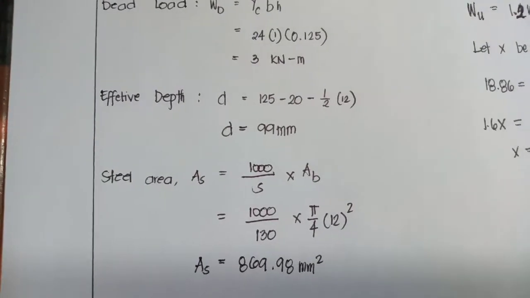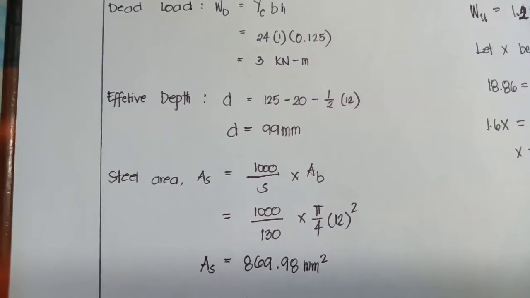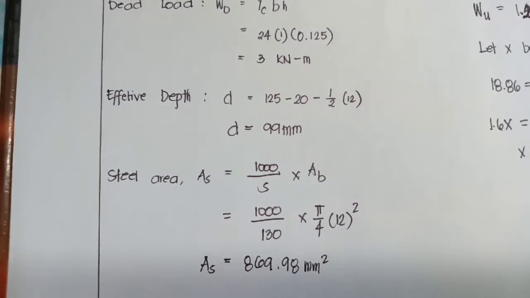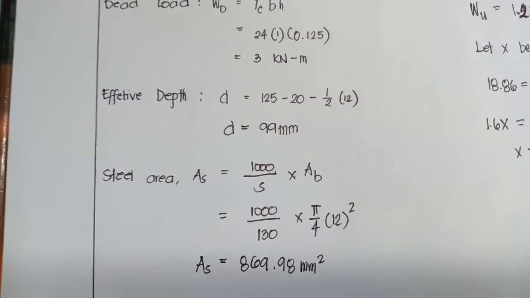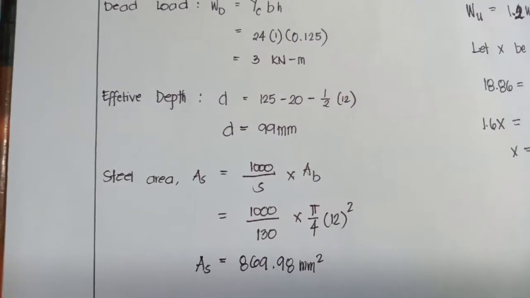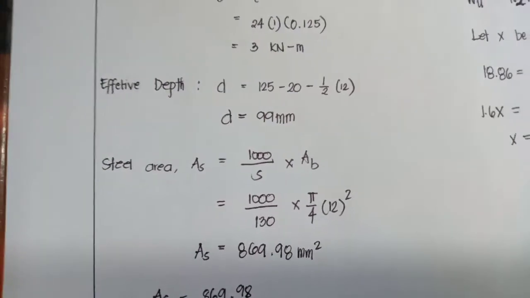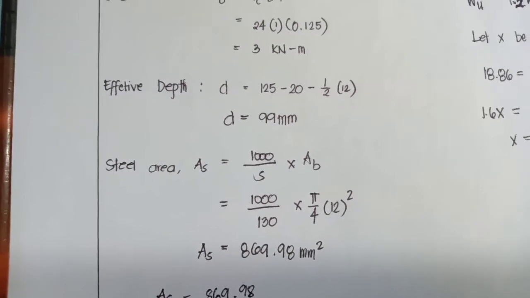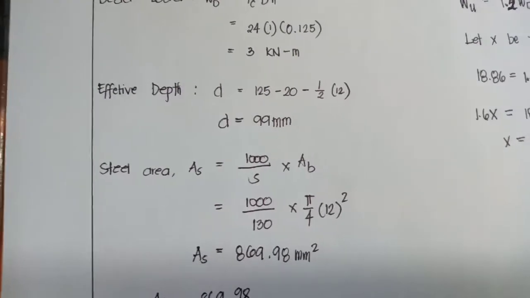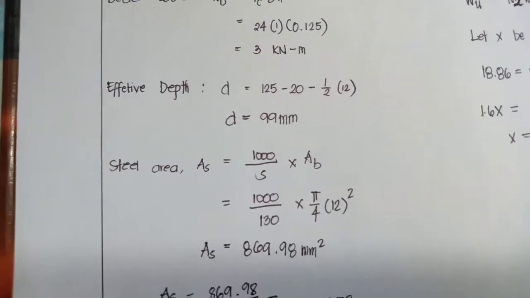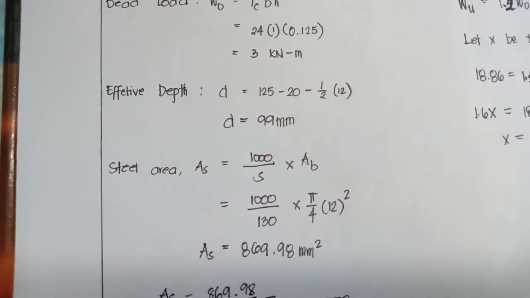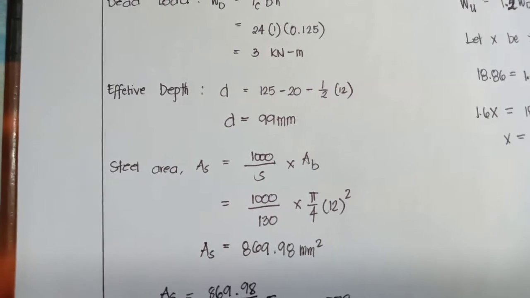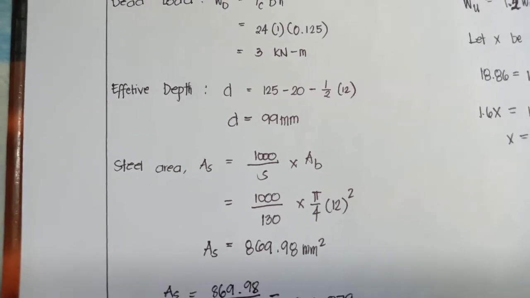Next step is to calculate the steel area, for we will be using this value in determining the required steel ratio. We have here the formula As equals 1000 divided by s times the bar area.